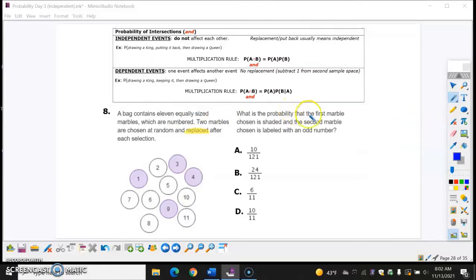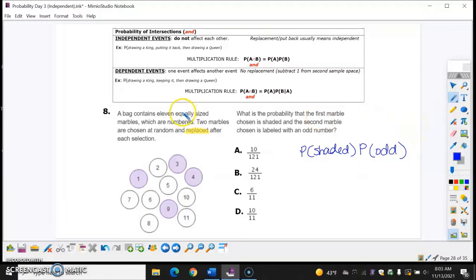You could draw it again. What's the probability that the first marble chosen is shaded? And we're going to multiply that by the probability that the second is labeled with an odd number. Since they're independent, we don't have to worry about "given that the first one was shaded." See if you could figure that one out.